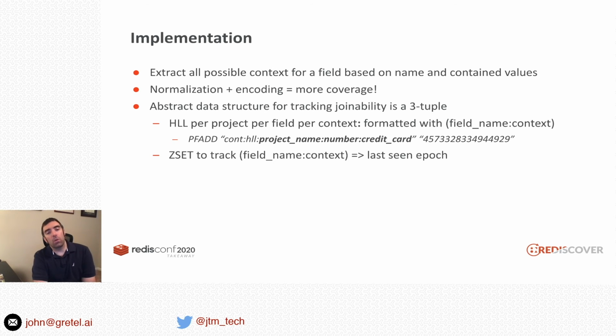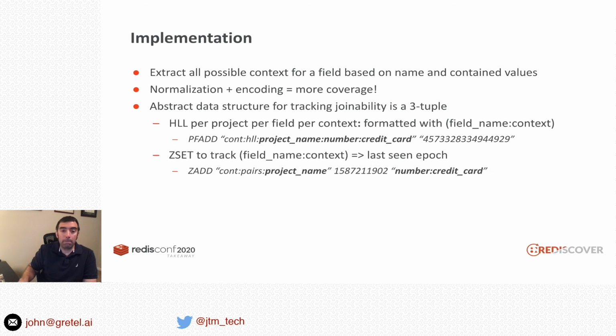Finally, one thing we can do is use a sorted set to track the pairs of field names and context to something like a last seen epoch. And this becomes useful when we want to compute the containment signatures or the values, is that we can determine which values to use based off of which ones have changed over time.